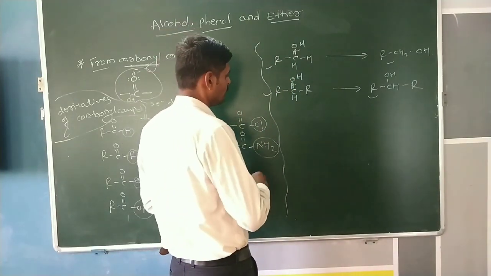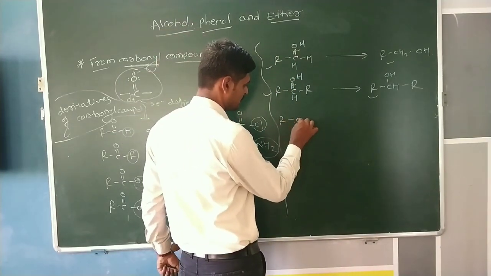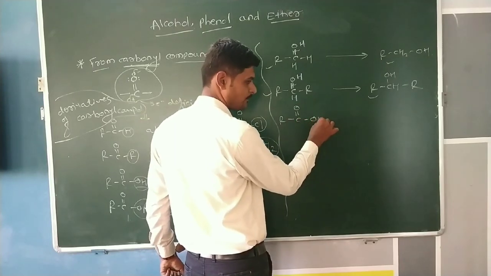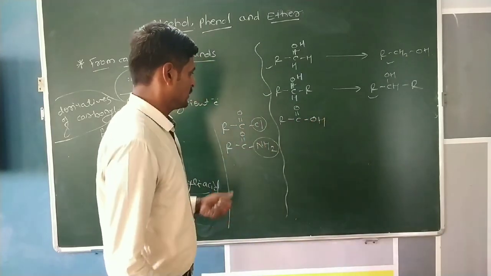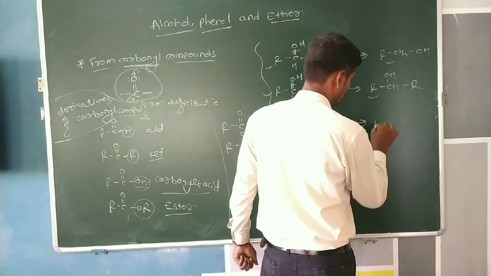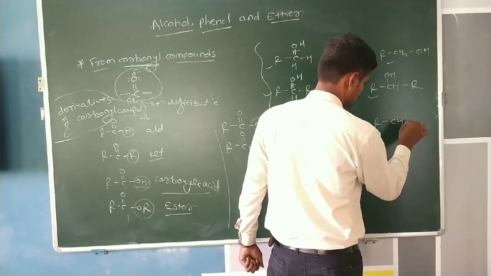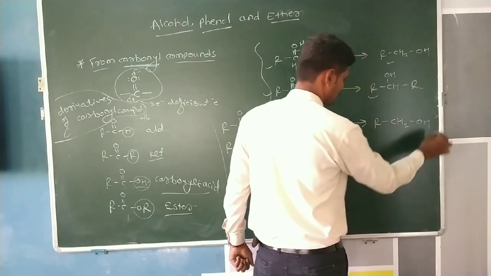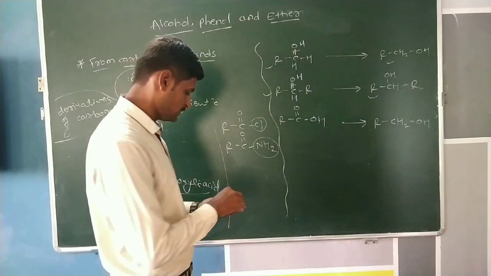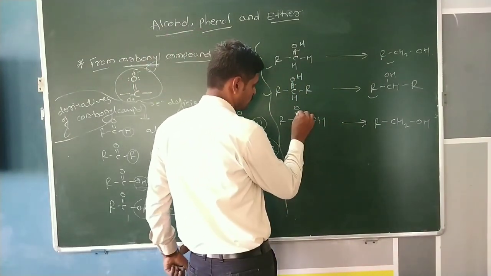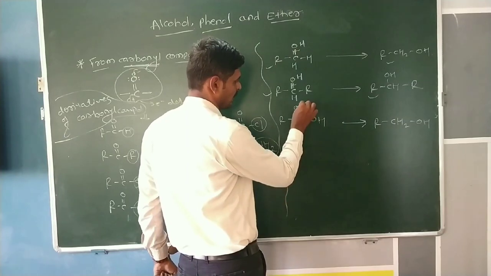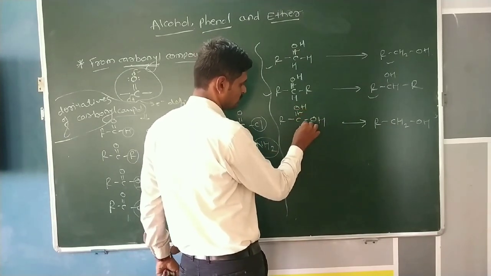Then another one is a carboxylic acid, RC double bond OH. The carboxylic acid gets converted into alcohol, RCH2OH. According to reactant and product, the pi bond should be broken. One hydrogen is shifted here, another hydrogen is shifted here.